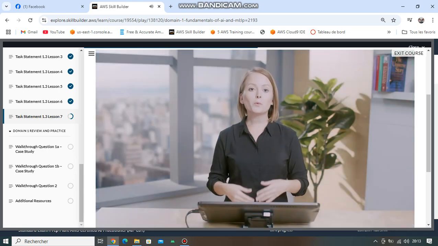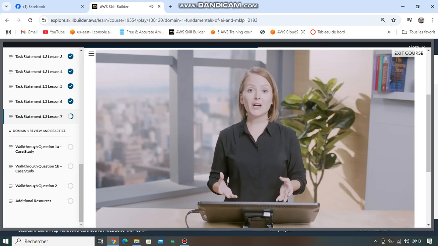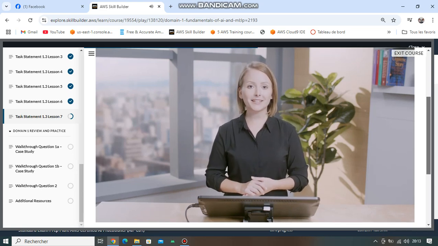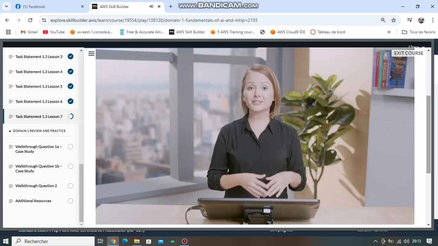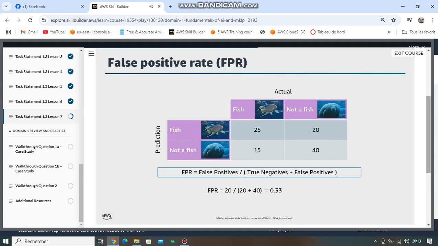Let's continue with the third task statement from domain 1, which is to describe the ML development lifecycle, and jump back into talking about metrics to evaluate your models. Another metric we can calculate from our confusion matrix is the false positive rate, which is the false positives divided by the sum of the false positives and true negatives.